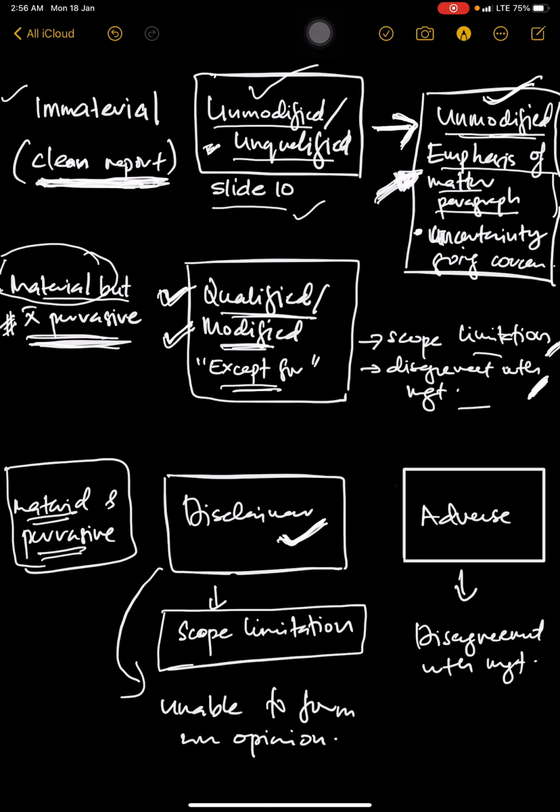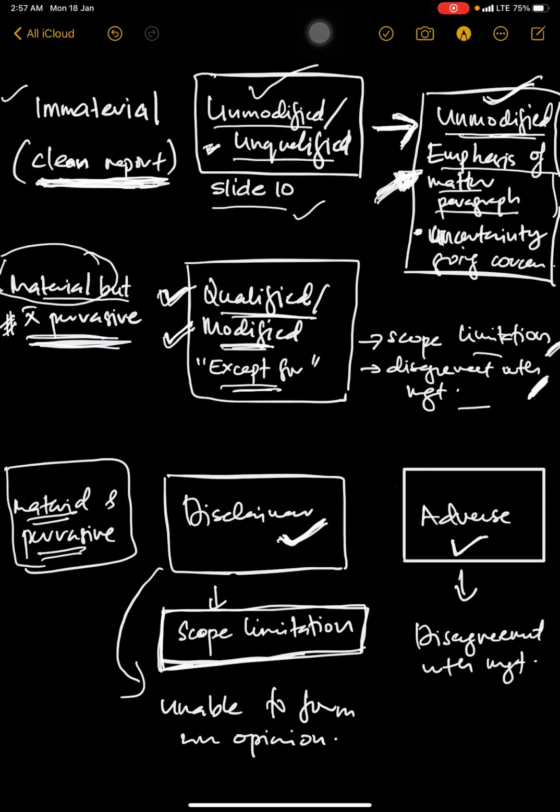You couldn't say that the financial statement shows a true and fair view. You are unable to say whether the financial statement is true and fair because of scope limitation. So how can you say the financial statement is good or bad? So a disclaimer means you are unable to come up with an opinion.